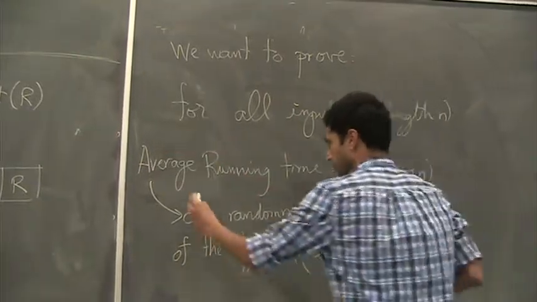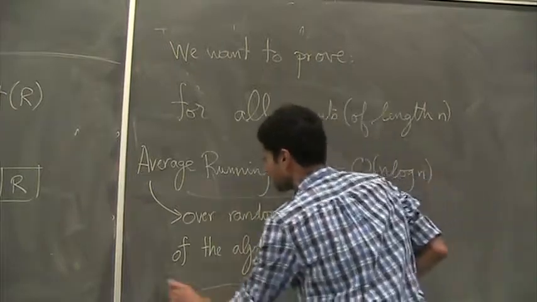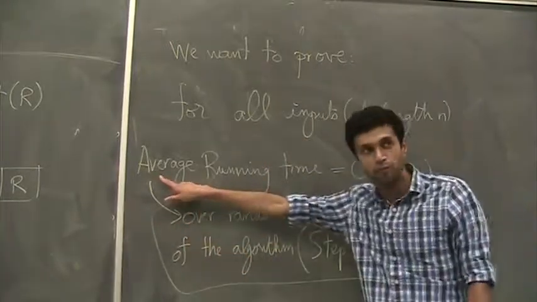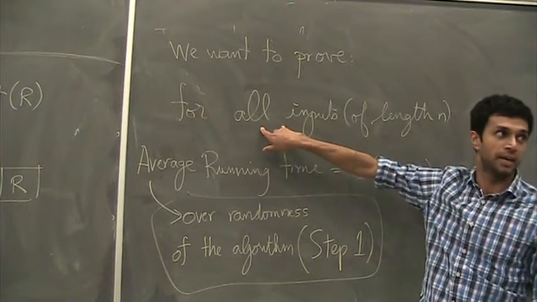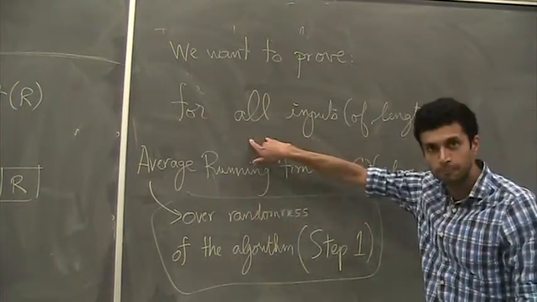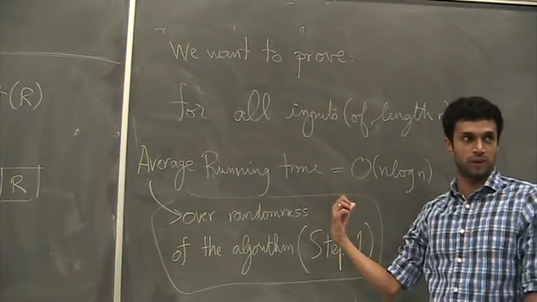So this is really important, and this is often a point of confusion. There is no averaging over the input. I'm not saying that for a random input, randomized quicksort works fast.